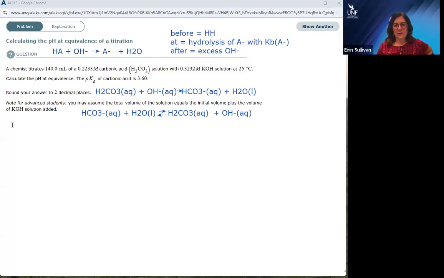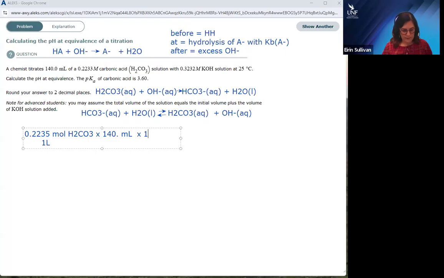And what we have to remember is to do moles divided by volume, but it has to be that final volume from our carbonic acid solution with whatever hydroxide we've added. So first of all, we're going to have to work out how many moles of our carbonic acid we actually have to neutralize. So that's moles per liter from our concentration, times the volume, which is 140 milliliters, and then convert milliliters into liters.